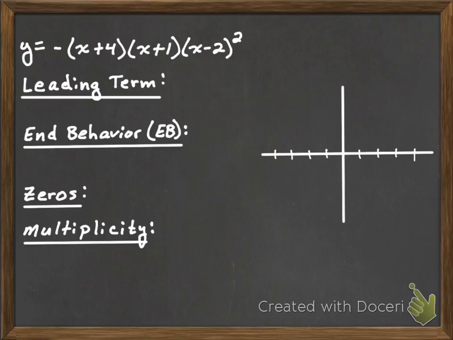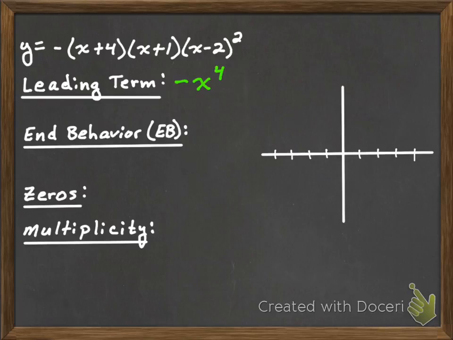Okay. All right, so that is a sketch of what your graph of that polynomial would look like. All right, let's do another one. On this one, if you multiply x times x times x squared, and you've got a negative in front of your parentheses right here, your leading term is going to be a negative x raised to the 4th power.